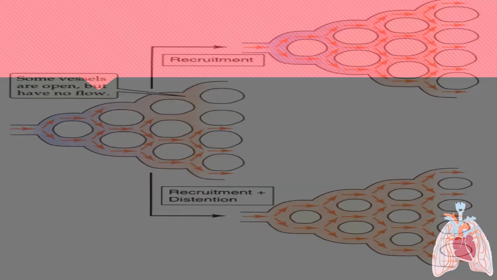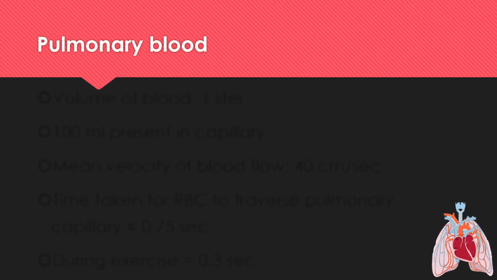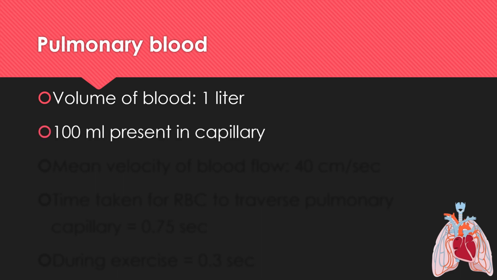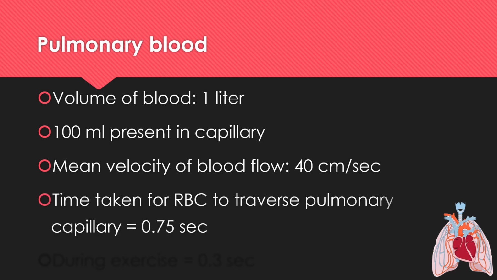The pulmonary blood volume is only 1 liter, of which 100 ml is present in the capillary. The mean velocity of the blood flow is 40 centimeters per second. The time taken for the RBC to go through the pulmonary capillary is only 0.75 seconds, and during exercise it is only 0.3 seconds.